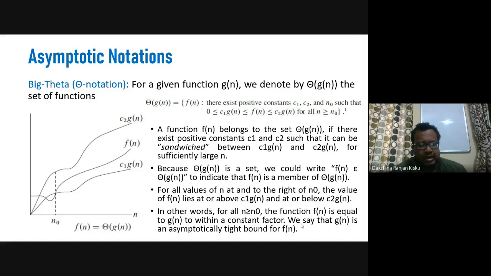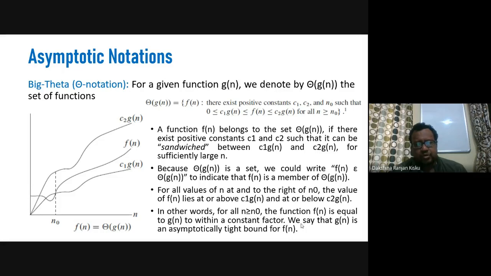Now at some point n0, after this point, the function c1 g(n) is found to be less than function f(n), and function c2 g(n) is found to be greater than function f(n). So f(n) is lower bounded by c1 g(n) and upper bounded by c2 g(n).